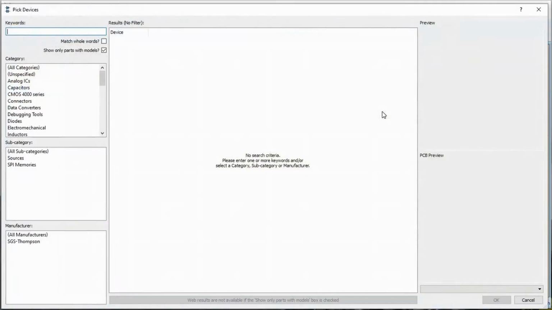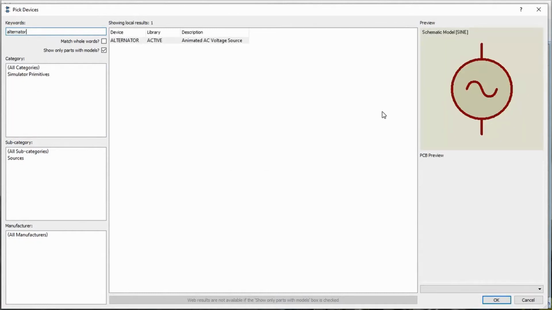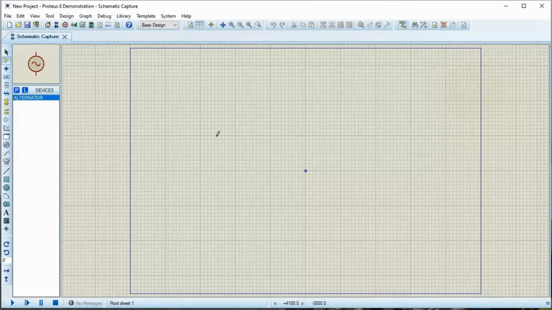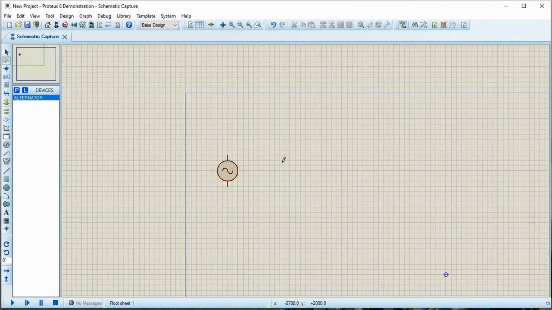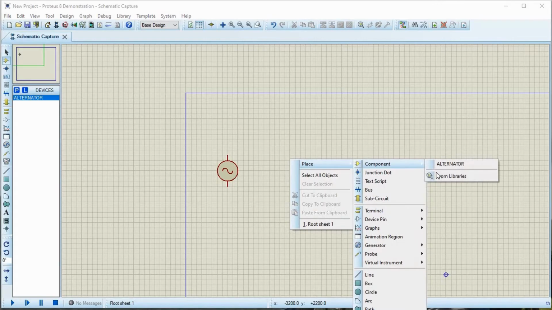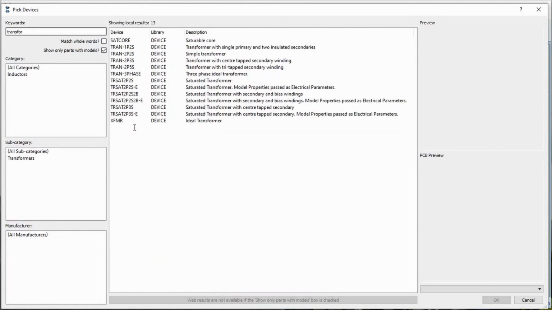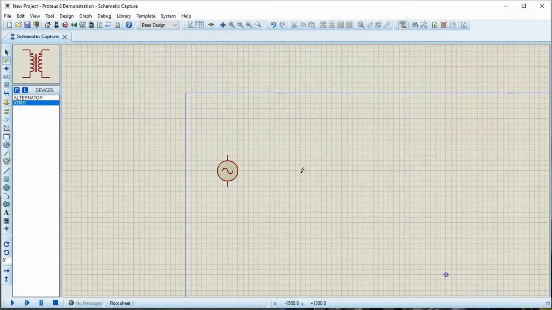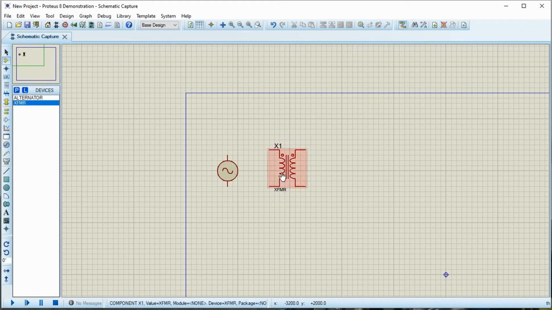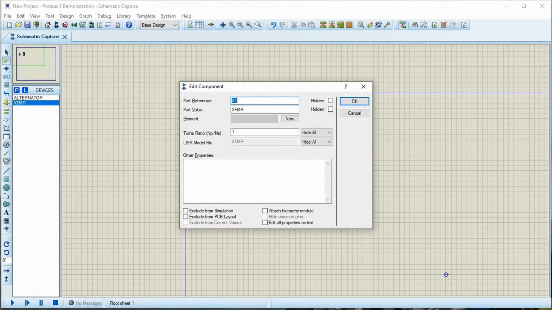I'll put an alternator. Then to step it down, we will need a transformer. I'll step this 220 or 230 volts to 15 volts.